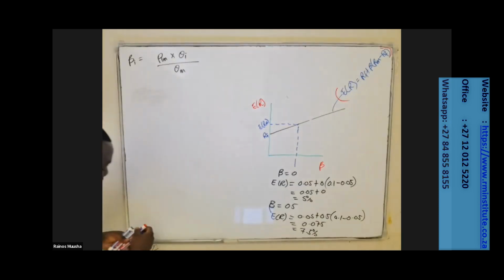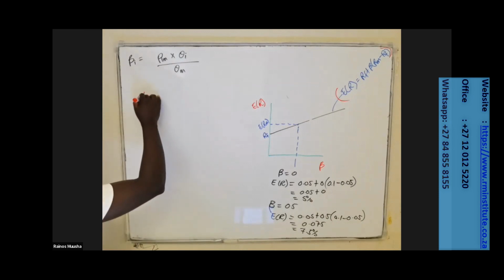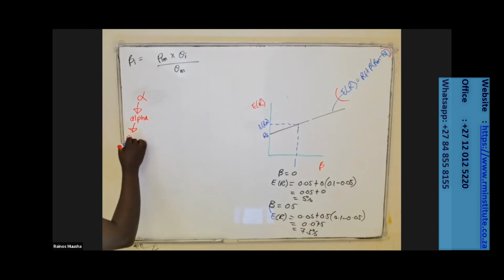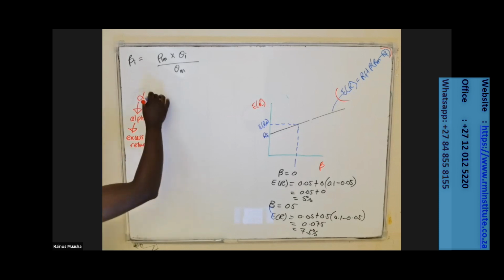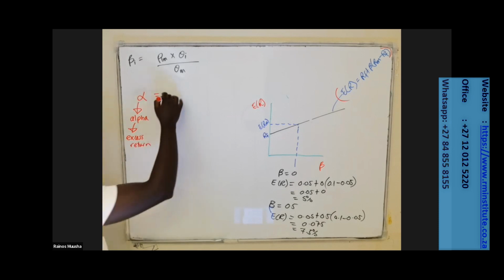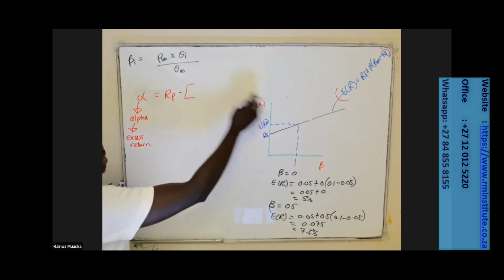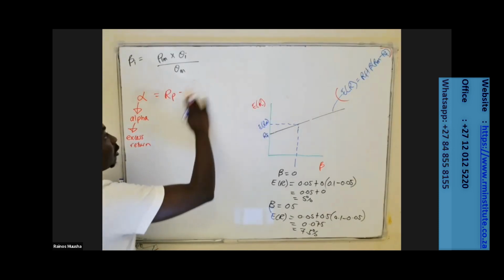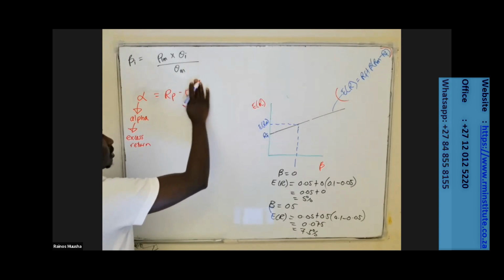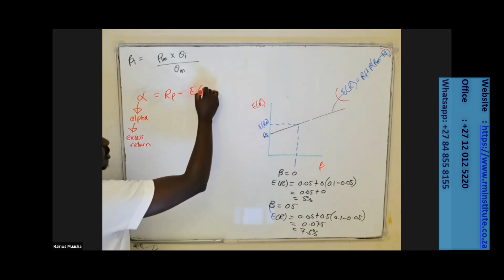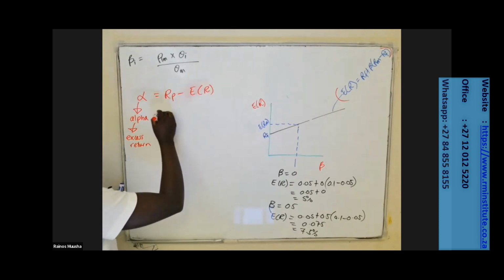Which means your alpha, which is your excess return, is given as the return of the portfolio minus the expected return. And what do we know about the expected return?